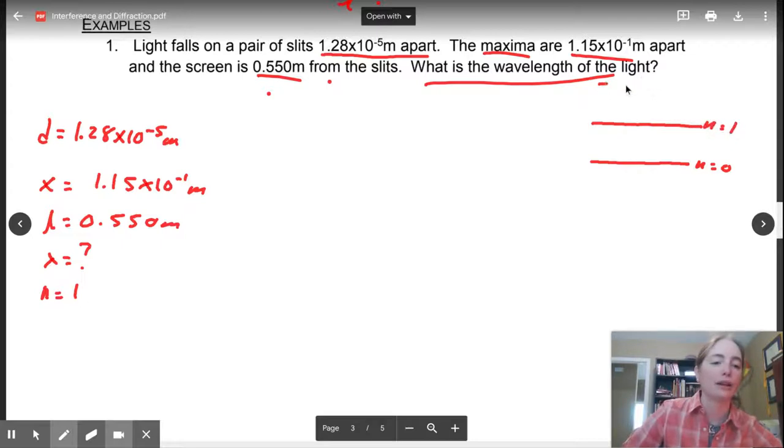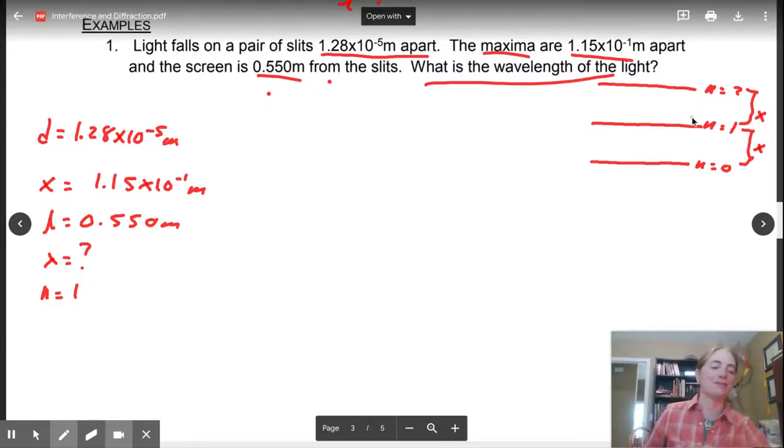The distance between 0 and 1 is that value of x. The distance between 1 and 2 is also that value of x. Whereas if we made n equal 2, we would have to double that x value. So that's why we're using n equals 1.